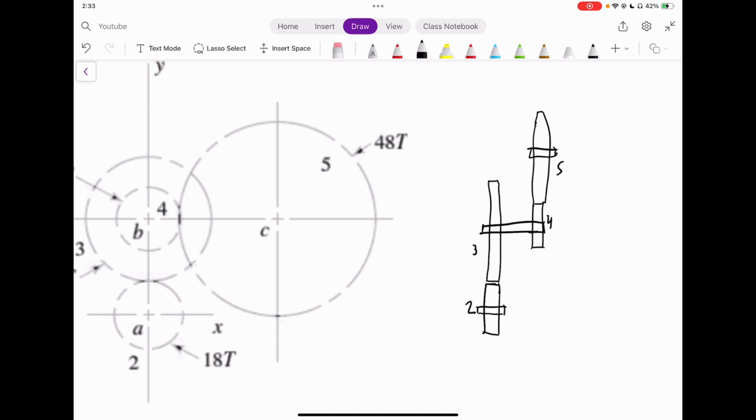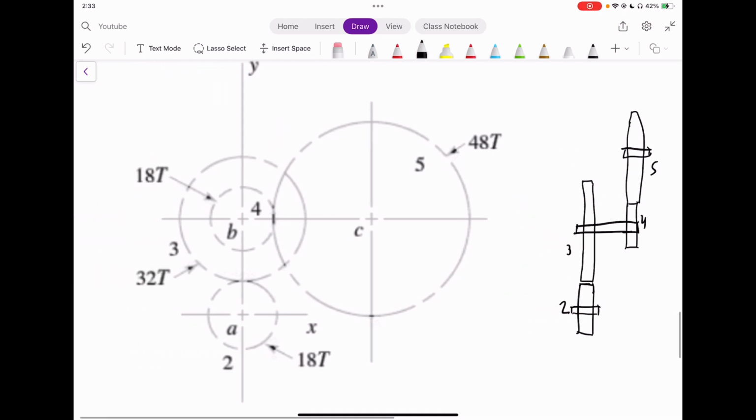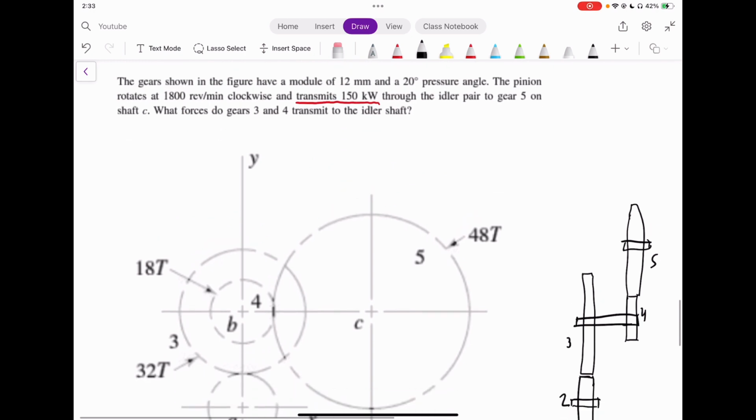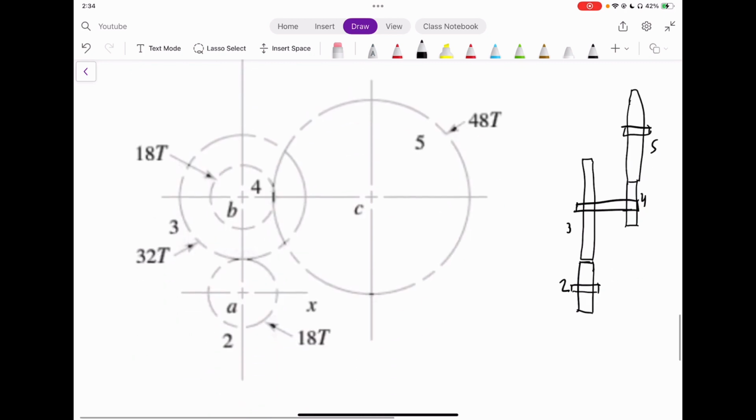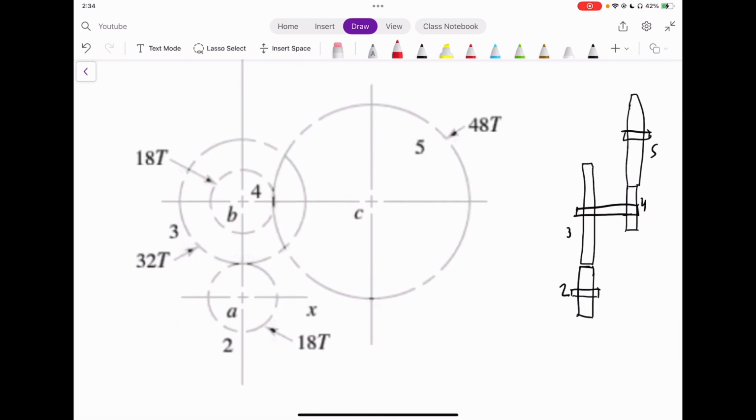Okay, so looking at this system, we can now start analyzing it. Let's look at the information that it tells us first. We know there's 150 kilowatts through the idler pair to gear 5. We know that the pinion rotates clockwise. So let's start working on our directions of rotation.